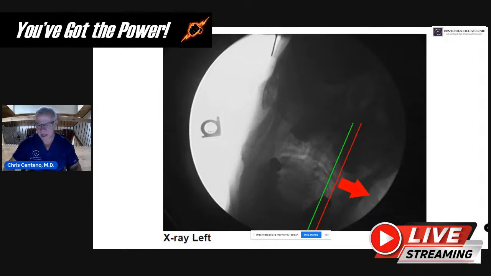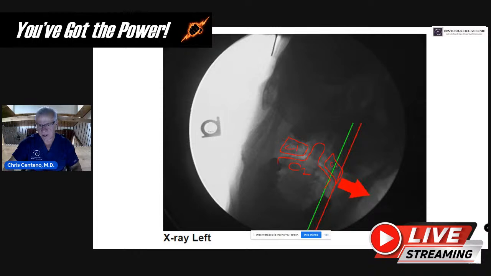Now, this is what a DMX looks like in real life. And you can see here, I'll kind of draw it out. So this is going to be C2. And this is going to be C1. So that's one lateral mass of C1. And then the other one is way over here.